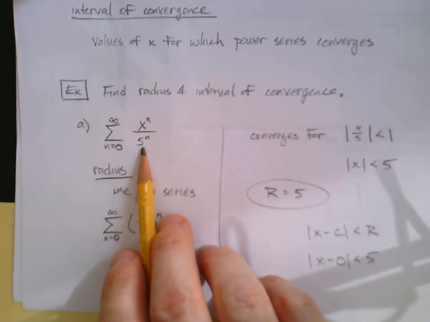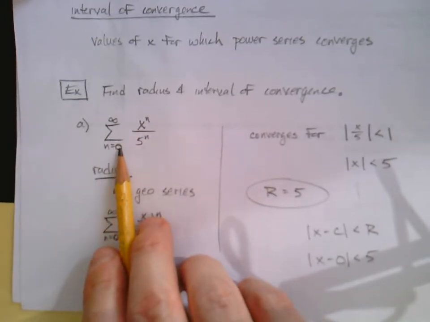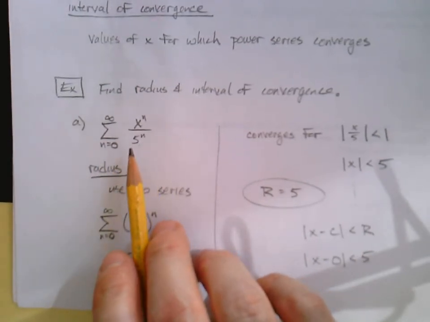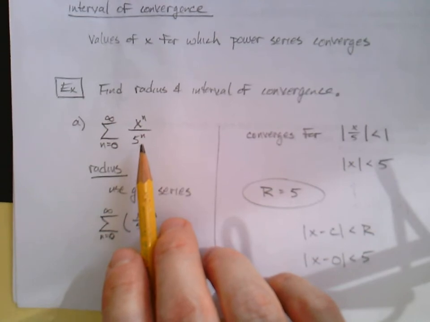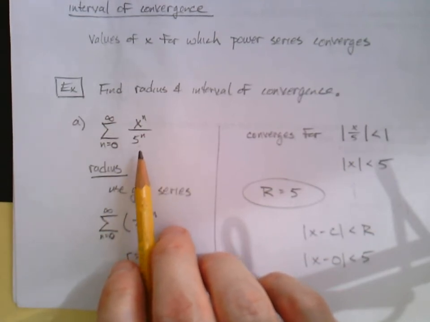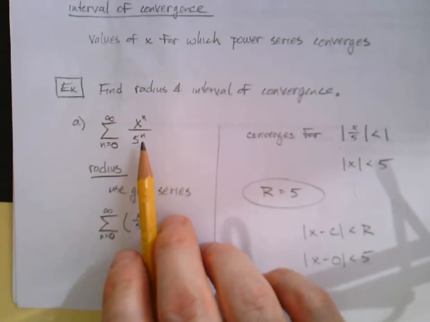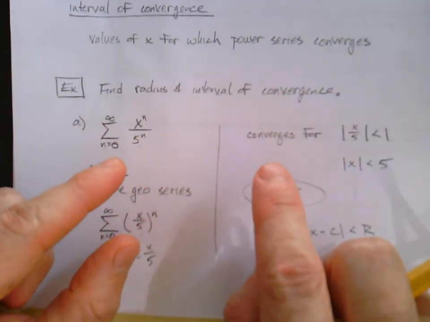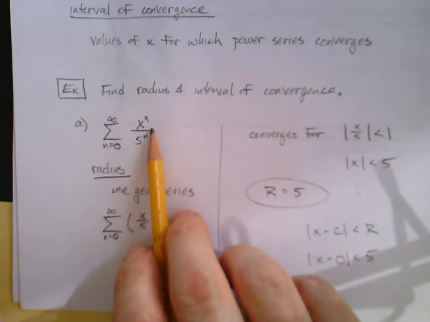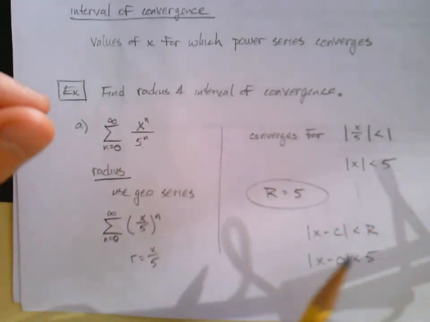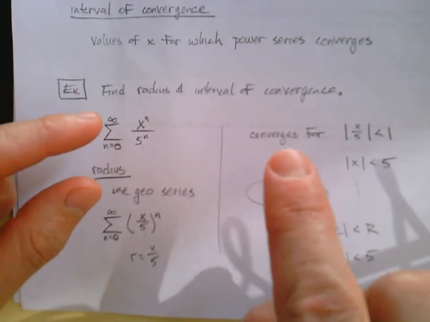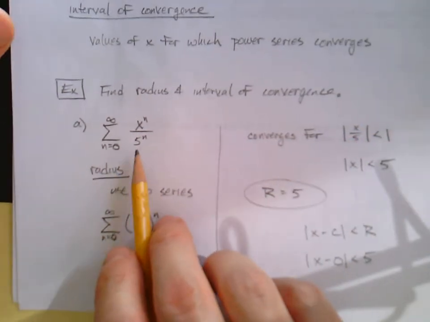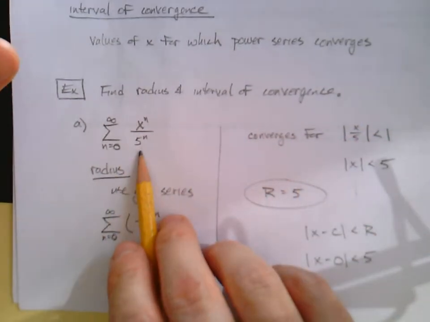Keep the x, but plug in n equals 0, n equals 1, and find the third or fourth or fifth partial sum. And graph that and just see what happens as you move further away from 0, out to about 5. You'll start to see the graph really take a turn at 5 or negative 5, kind of like our graph of that intro example.